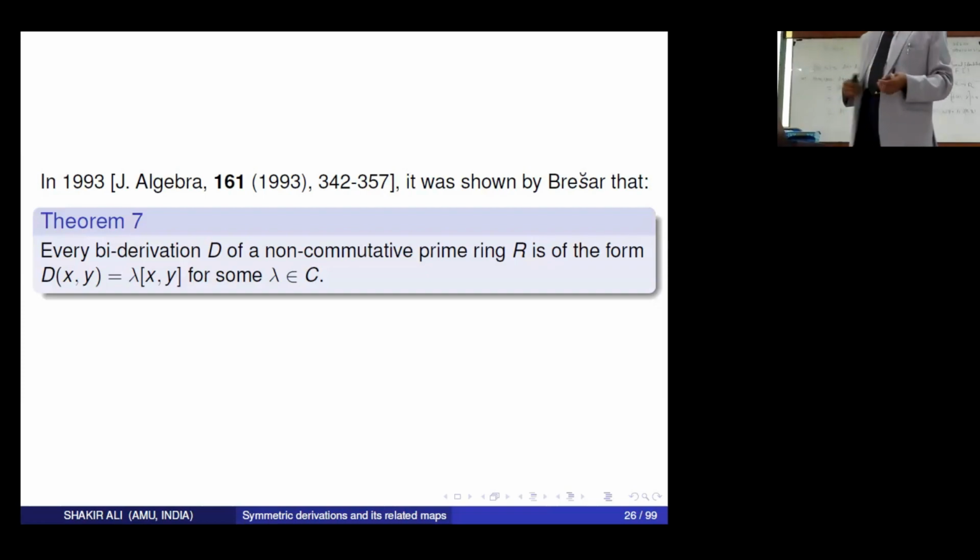This is a very important result because it characterizes what biderivations look like on non-commutative prime rings. So this is one of the wonderful results. He characterized all biderivations on non-commutative prime rings as this form. C means the extended centroid of R.